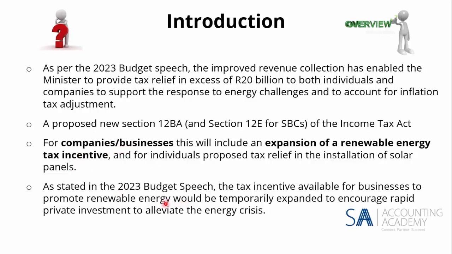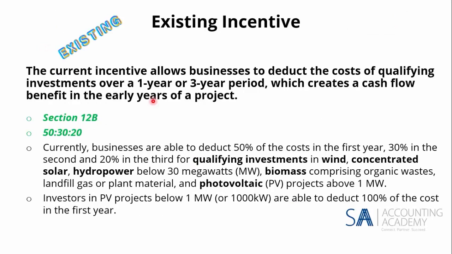Right. So yes, this is only available for businesses, and it's temporarily been expanded. There was an existing incentive, but it's been temporarily expanded to encourage private investment. So let's go and have a look at the existing incentive. Currently, the incentive allows businesses to deduct the costs of qualifying investments over either a 1-year or a 3-year period.